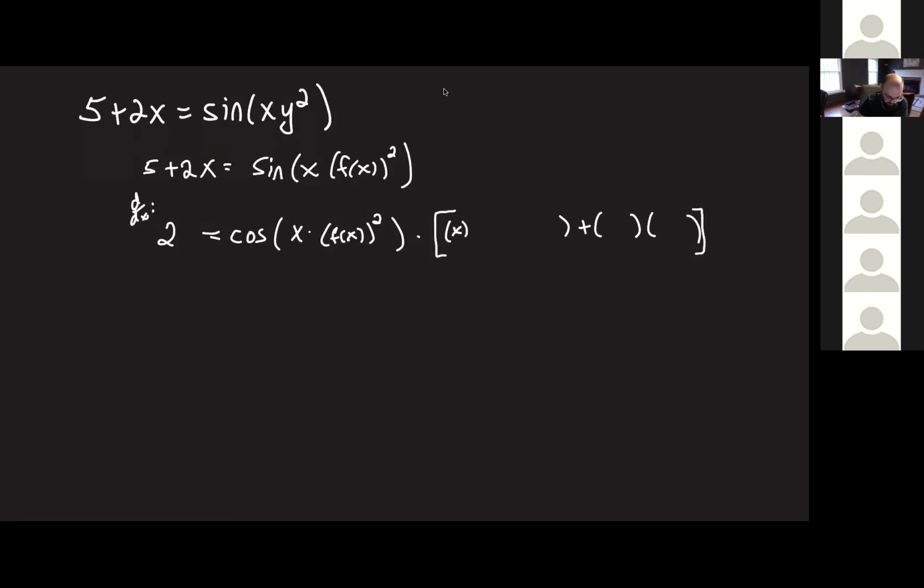When I take the derivative of f of x squared, I'm going to have to use chain rule, so I get 2 f of x times f prime of x. On the next piece, I take the second part, leave this f of x squared alone, and then multiply by the derivative of x, which is just 1.